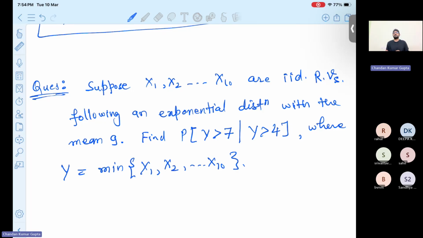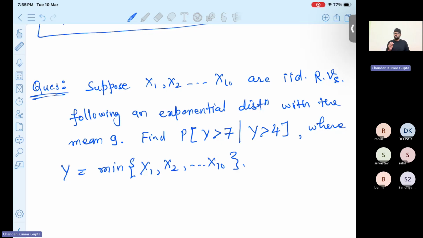So we need to find the probability that y is greater than 7 given y is greater than 4, when y is defined as the minimum of xi and xi follows an exponential distribution with mean value 9. We are given these three pieces of information.